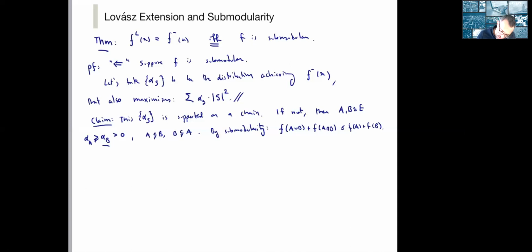So we're going to replace alpha B of A and B. In other words, I'm going to find new coefficients and replace the coefficient of alpha A with alpha A minus alpha B and alpha B with 0, adding that same amount to A union B and A intersection B.